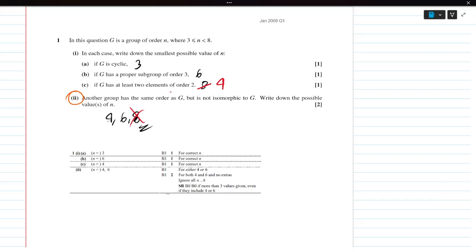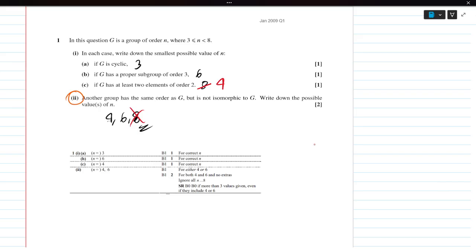Has 2 elements of order 2. Has at least 2 elements of order 2. Well, yeah, the Klein group definitely has at least 2 elements of order 2. But the cyclic group does not have at least 2 elements of order 2, unless I'm crazy.